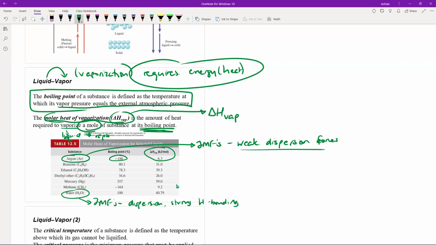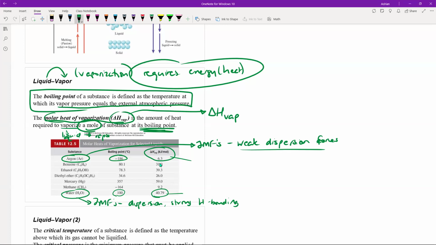As a result, the boiling point for water is very high, and the delta H of vaporization, the amount of heat energy needed to vaporize a mole of water at its boiling point, is exceedingly high as well. It's just under 41 kilojoules per mole, about 7 times greater than that of argon, where the dispersion forces are very weak and we can break them very easily.